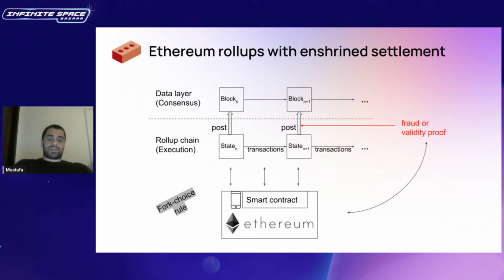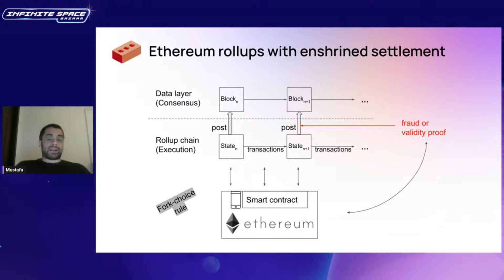So, as I mentioned, in the case of Ethereum, we have an Ethereum rollup with an enshrined element. The fork choice rule of that rollup is basically whatever headers are submitted to the smart contract on Ethereum. And importantly, you have to remember that because these rollups have fraud or validity proofs, those rollups have what's called a state transition function.